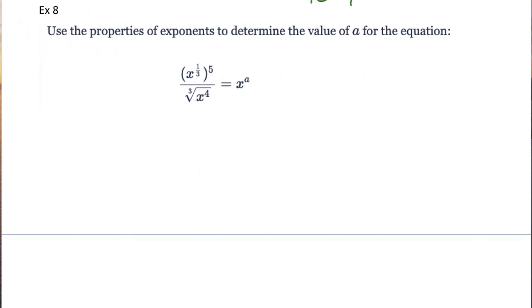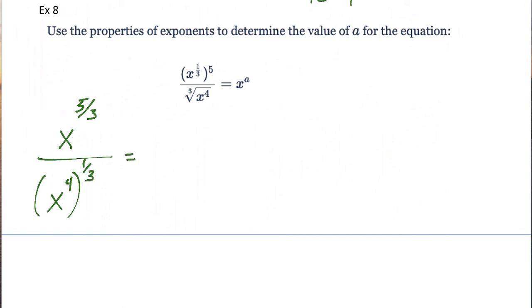Use the properties here to figure out what we have. Well, it's really nice if we have them all in the same kind of thing. So I'd write this as x on the top. This is 5/3 because I multiply those exponents. Divided by x to the 4th, all raised to the 1/3.